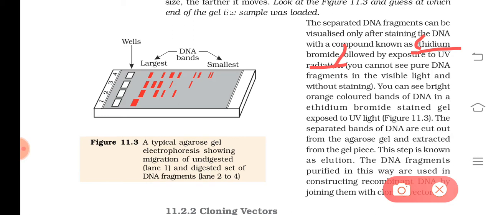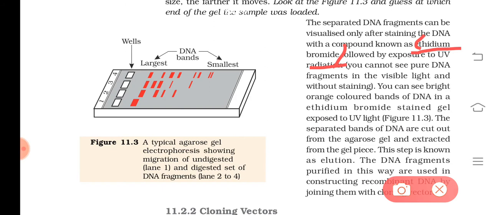And then after staining with this, we expose the DNA to UV rays.